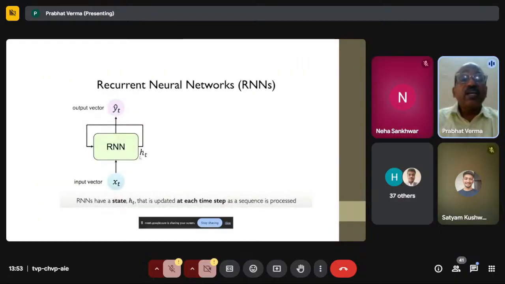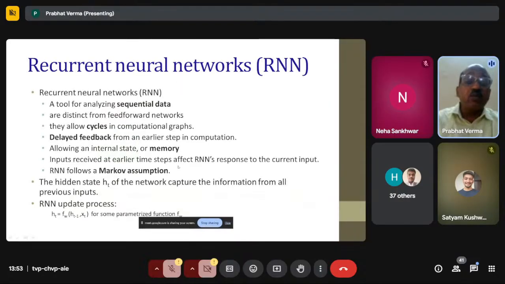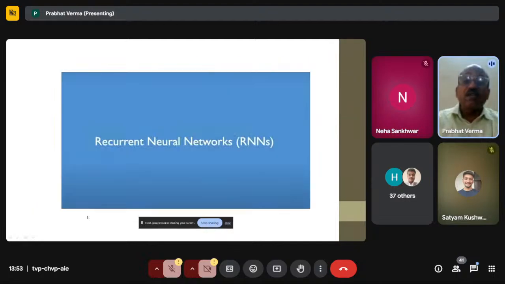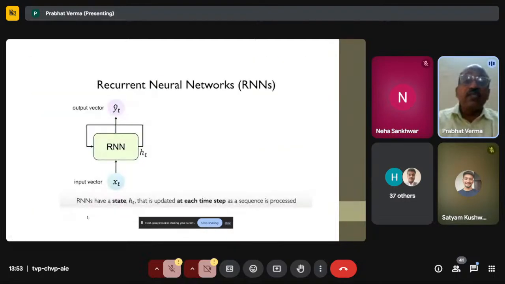RNNs have a state ht that is updated at each time step as a sequential process. So we have to update this ht every time with the help of this update rule: ht equals fW of ht minus 1 comma xt. So this ht is updated with the help of the present input as well as the previous ht minus 1.